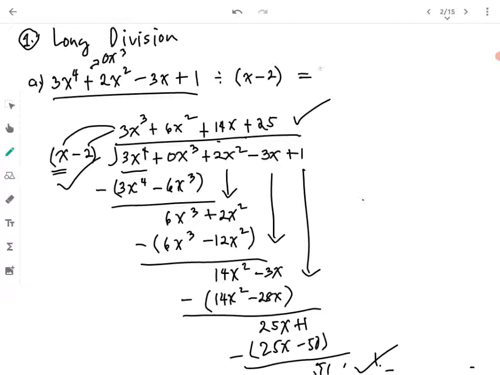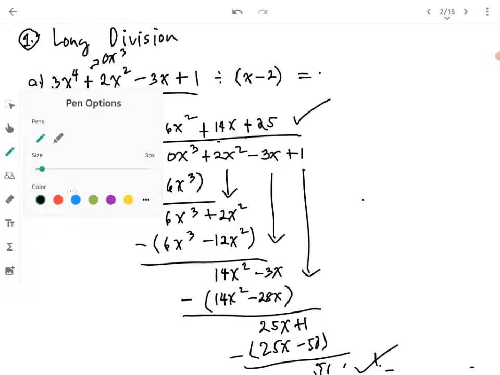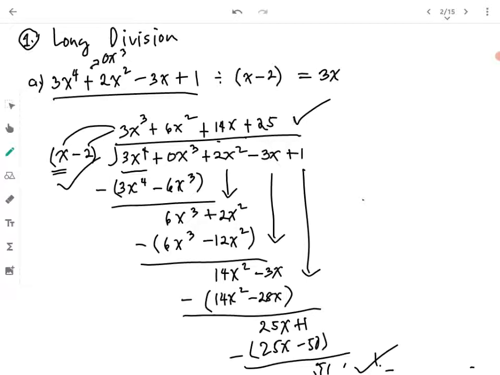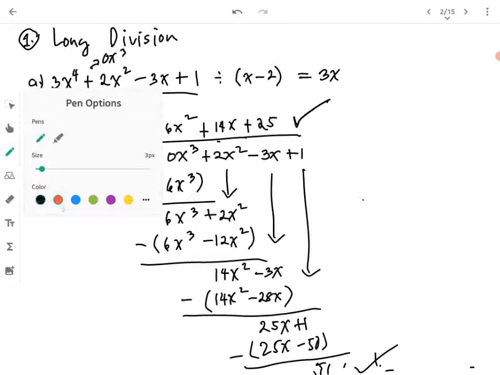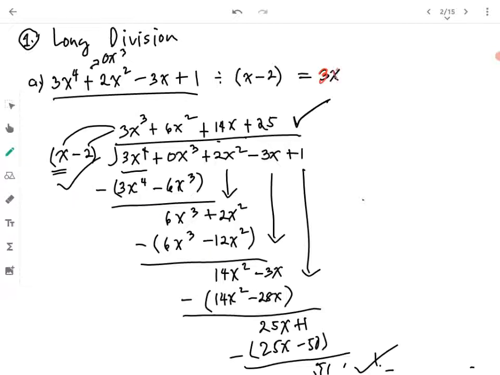So the quotient first, 3x cubed, which is this one, and plus 6x squared plus 14x plus 25. Since our remainder is 51, that is plus 51 all over our divisor x minus 2. So we're simply writing it in mixed form.